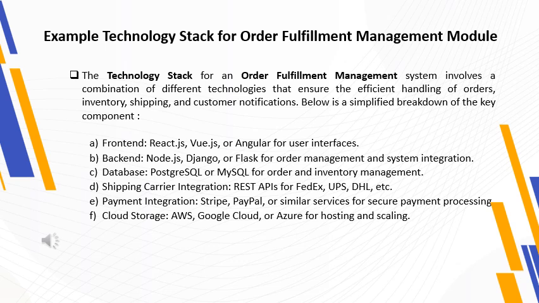D. Shipping carrier integration: REST APIs for FedEx, UPS, DHL, etc. E. Payment integration: Stripe, PayPal, or similar services for secure payment processing. And F. Cloud storage: AWS, Google Cloud, or Azure for hosting and scaling. The next slides will explain all these technologies respectively.